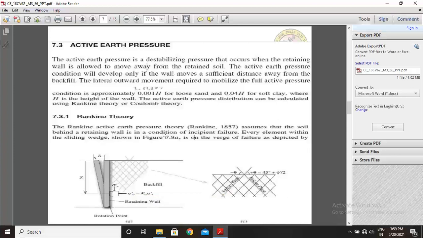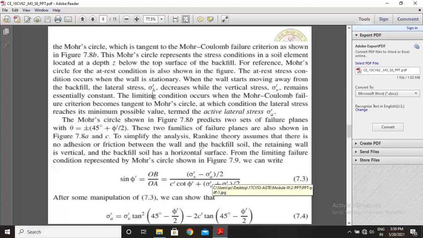Rankine's active earth pressure theory assumes that the soil behind a retaining wall is in a condition of incipient failure. Every element within the sliding wedge shown in figure 7.8a is on the verge of failure as depicted by the Mohr circle, which is tangent to the Mohr-Coulomb failure criteria as shown in figure 7.8b.